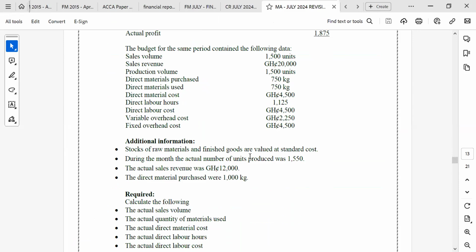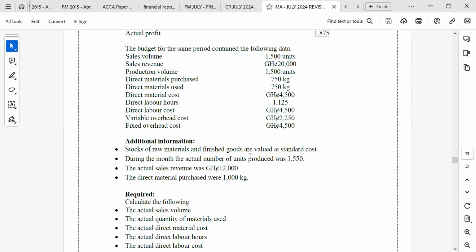But if they are saying that the company uses actual cost, then you have to look for the cost on the actual quantity used. If you're using a standard cost, it means that there might be closing stock of material. We are not concerned with that. We are concerned with the total amount paid on the material being purchased. That's what we mean by the standard cost.